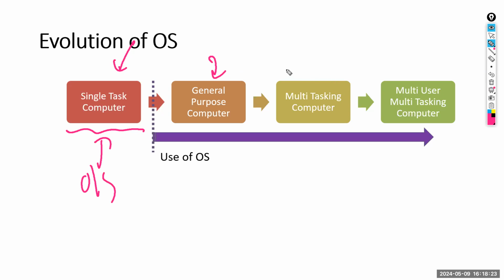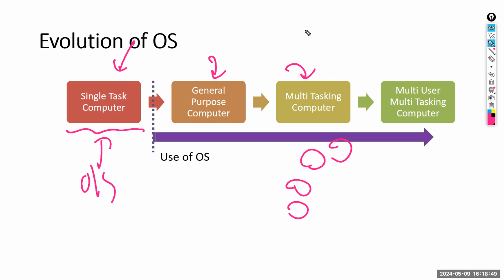So then came multitasking computers. Multitasking means at a time multiple tasks can be done. General purpose computer means basically maybe at different times you can run different programs. But what happens if you can run more than one program at the same time? That is where we call it multitasking computers. So the modern computers are multitasking.